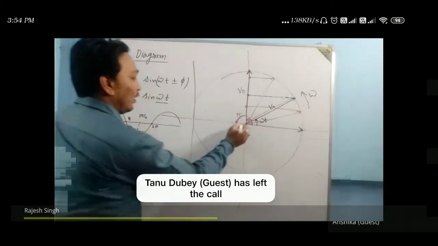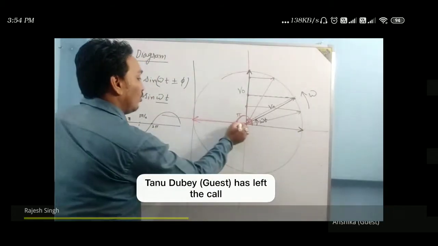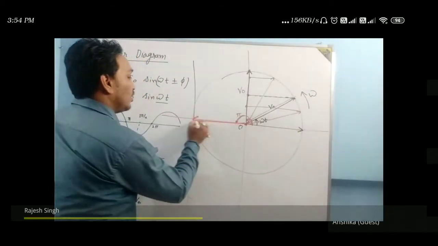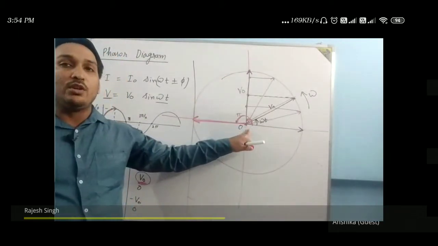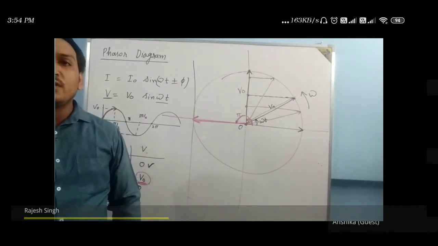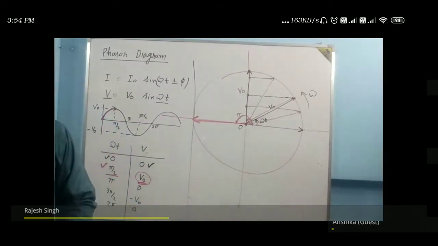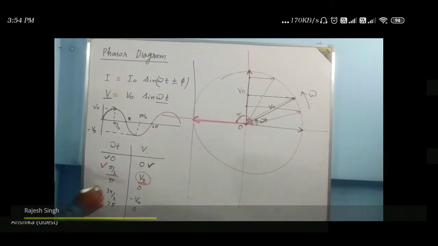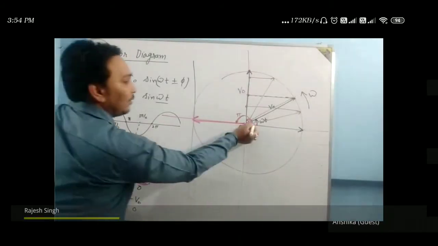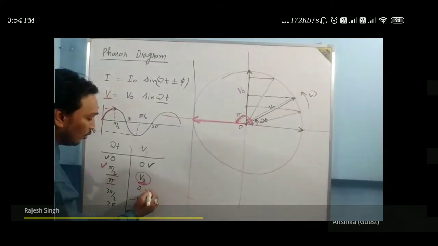If the arrow reaches over here, what is the value of V in this case? If you draw the perpendicular, it again goes to the origin. The value of V becomes 0. So at angle pi, the value of V becomes 0.